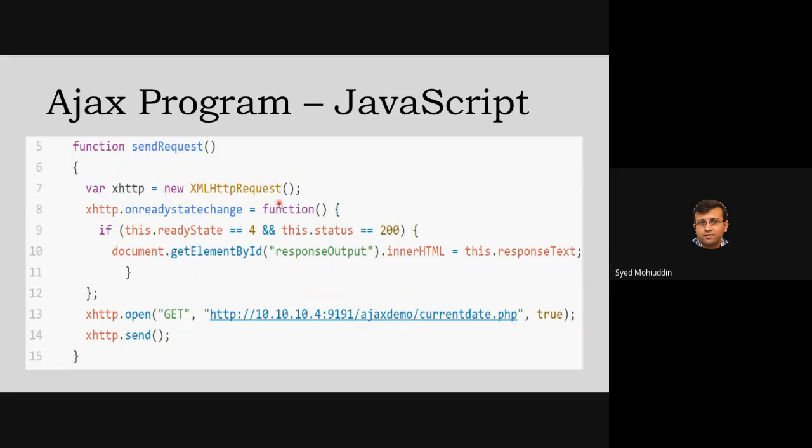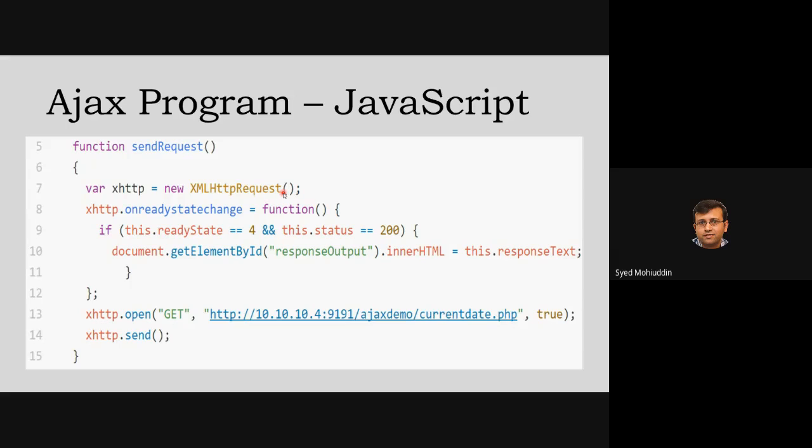Since it's an object, we have to create it using a new keyword. So in JavaScript, var xhttp, any name you can give here, doesn't matter, equal to new XMLHttpRequest within the parentheses.